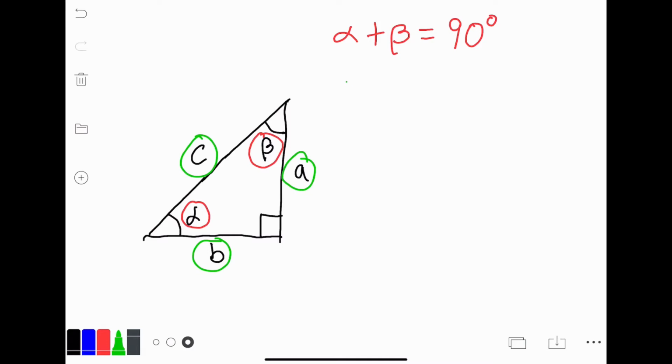What that says is that the length of side A squared plus the length of side B squared is equal to the length of side C squared as well. And there we have it. These are the two relationships that show, first of all, the relationship between the angles, and second of all, the relationship between the sides of a right triangle.